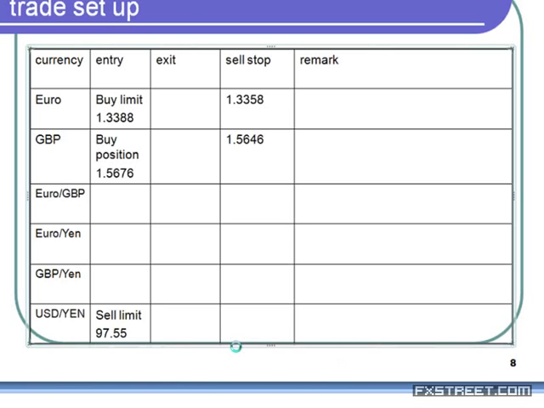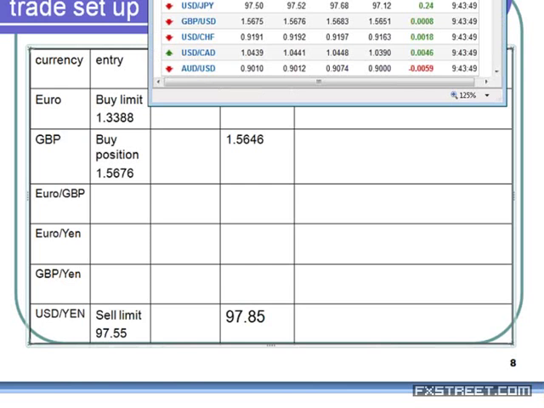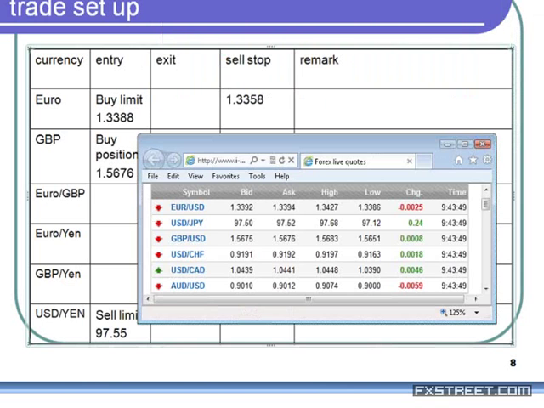Why 30 pips? And here again, above that of the market, $97.85, 30 pips above that of the market for a sell position, we'll keep a sell stop. Okay. Now, why 30 pips? In the case of majors, we take the positions and keep 30 pips hedge orders.